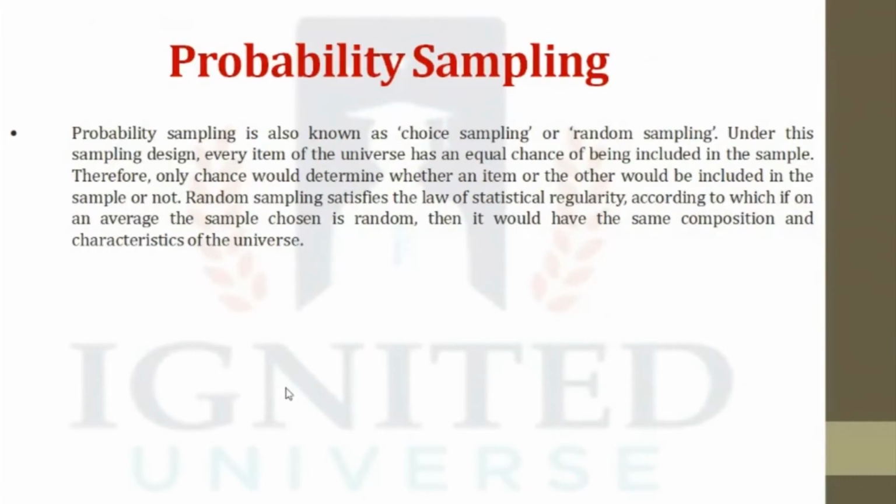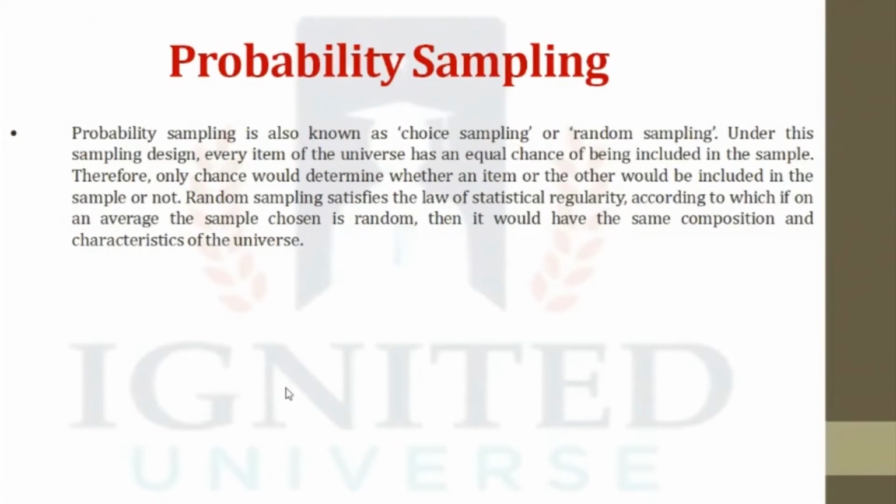Therefore, in this, only chance would determine whether an item would be included in the sample or not. Random sampling satisfies the law of statistical regularity, according to which, if on an average the sample chosen is random, then it would have the same composition and characteristics as the universe.